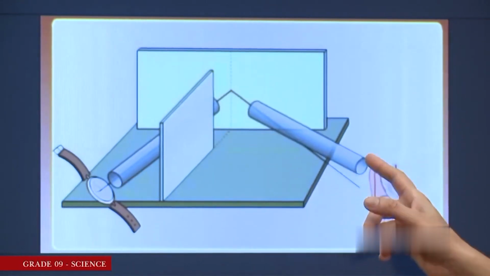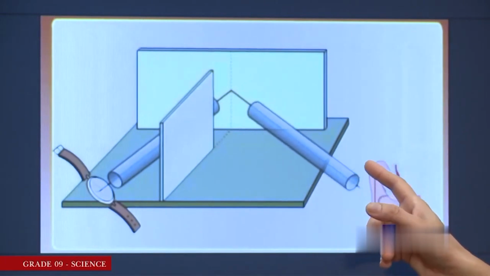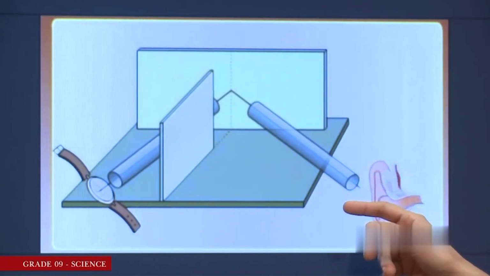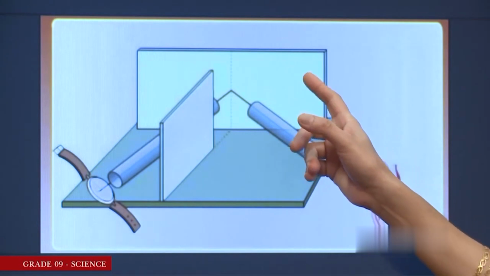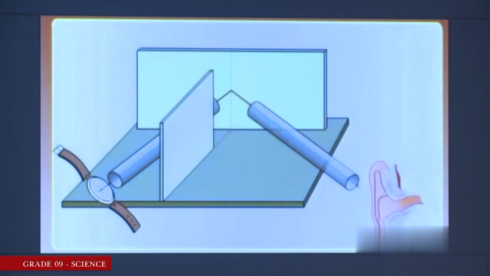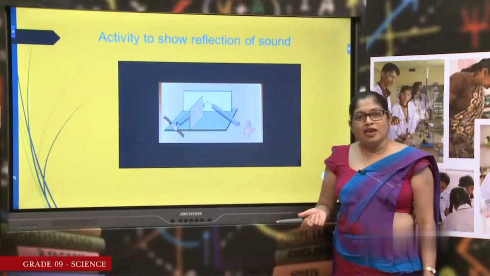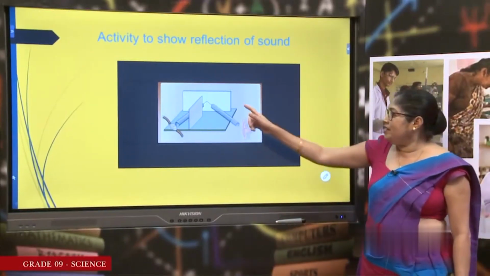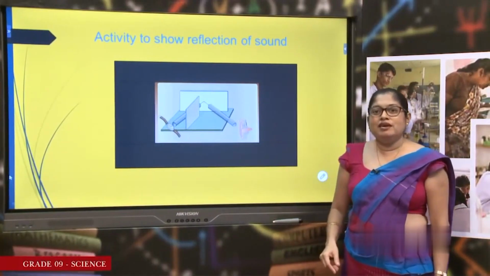You have to change the position of the tube until you get a clear sound. After that, you have to remove this metal sheet and see whether you can hear the sound again. Can you hear the ticking sound when the metal sheet is removed? Exactly, no.